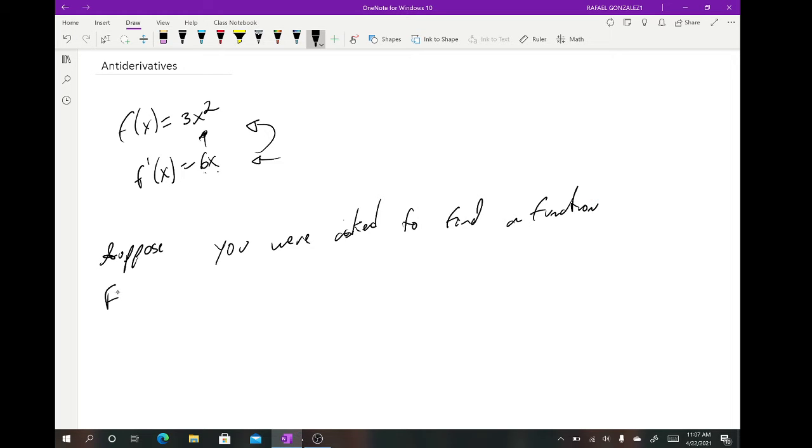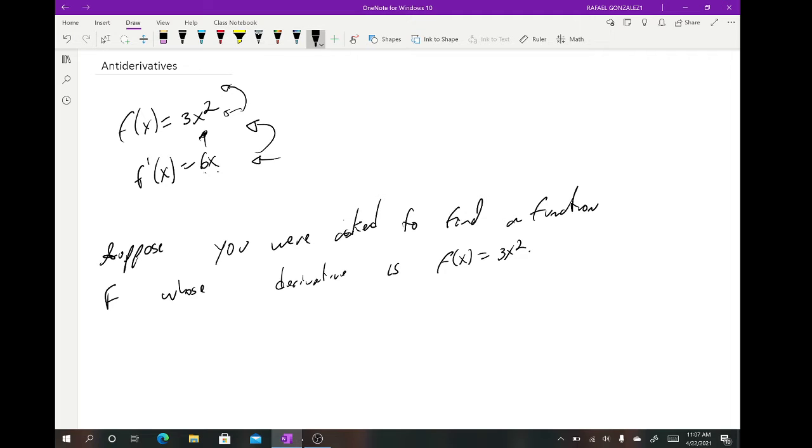This function we're going to denote by using capital F, and the derivative of capital F is given by little f, which is 3x squared. Okay, so this is basically going from this one and finding what came before it.